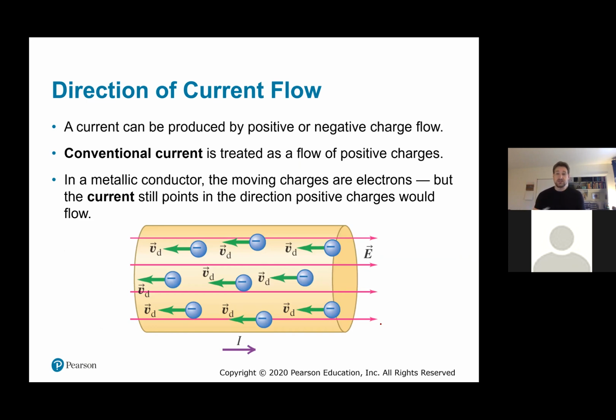And as long as we're just defining things, if we make this medium larger, if we increase the cross-sectional area A, we end up with more current without actually changing any of the reasons for there to be current. The electric field is the same.